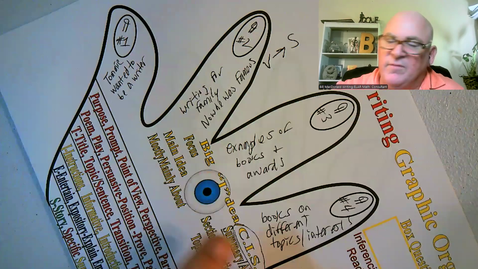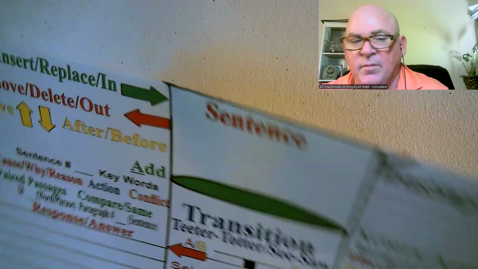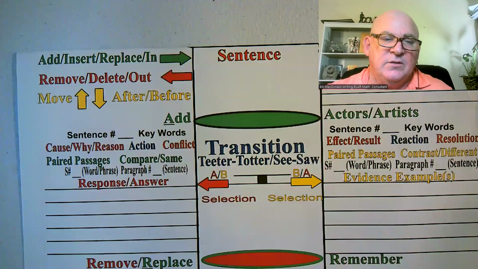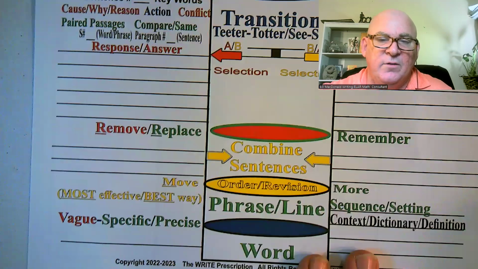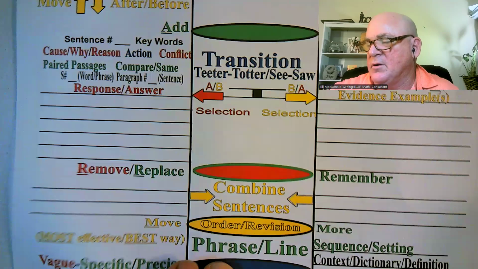And so here's a revising. So if you look at the hand, that's the content. And at the bottom of the hand, you see an arm that, as you see, it says add, remove, replace, or move. And all of these are different skills that your kids can learn over the years.